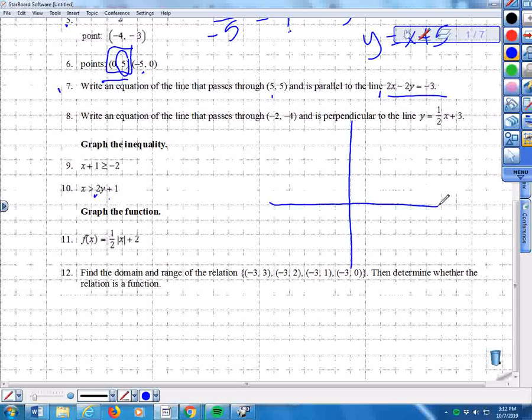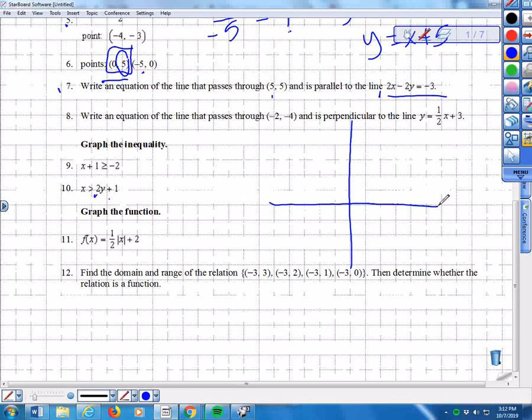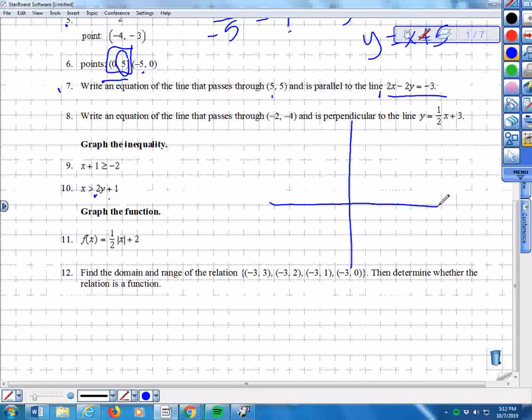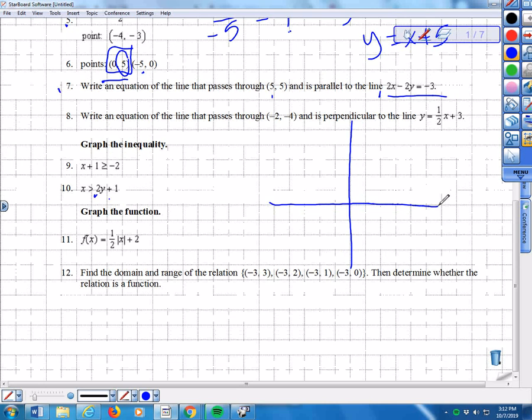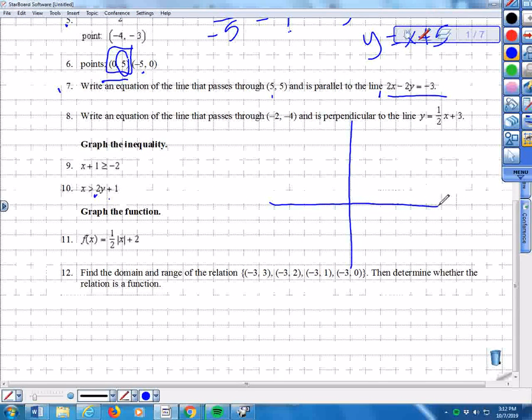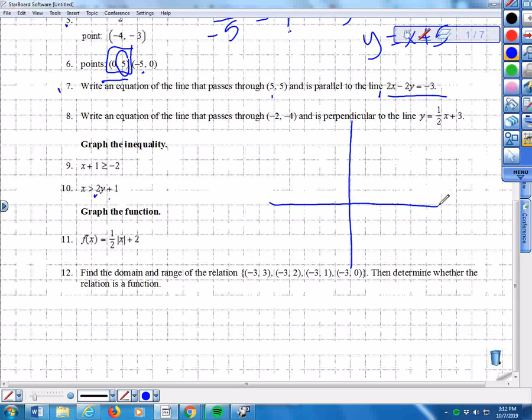By the size of the V, if it's greater than 1, that V is going to stretch up and it's going to be a steeper slope. If it's less than 1, it's going to compress it down, so it's going to be wider. And what is the 2 going to tell you?